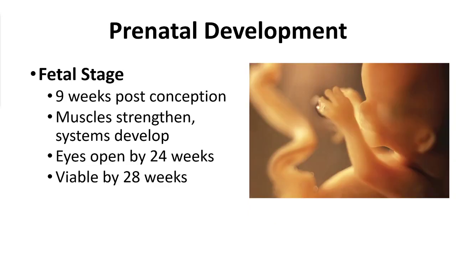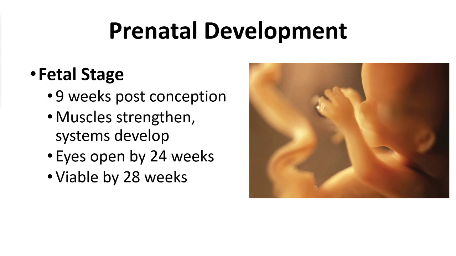This brings us to the 3rd and final stage, which is the fetal stage. So now we no longer call it an embryo, we're going to call it a fetus. And this stage lasts from 9 weeks post-conception right through till birth. We're going to see that continued development where their muscles start strengthening, their systems continue to develop.